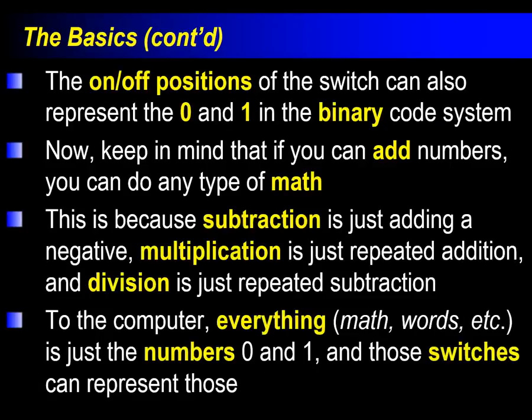Okay? We represent on-off positions as 0 and 1 in the binary code system. If you keep in mind that we can do adding to do any kind of math, and we talked about that last time, because subtraction is just adding a negative, multiplication is just repeated addition, and division is essentially just repeated subtraction.